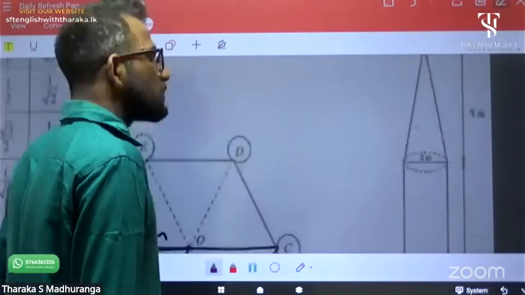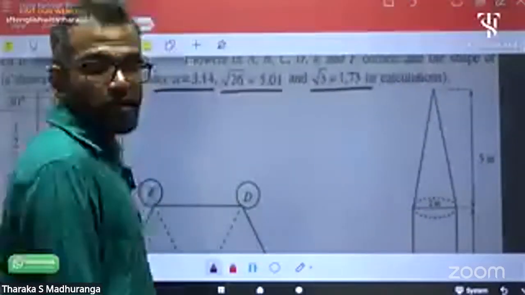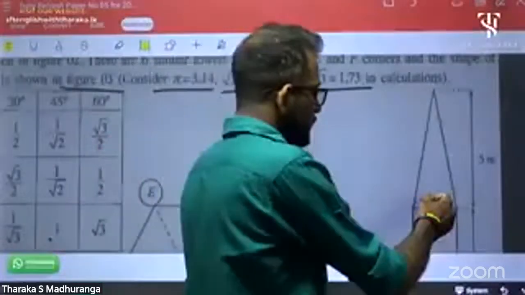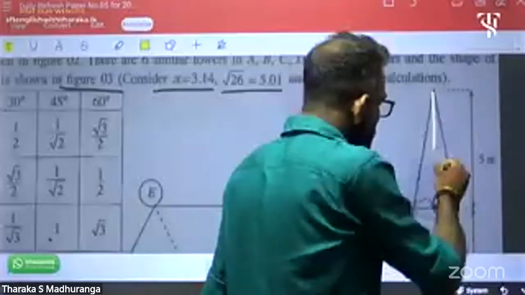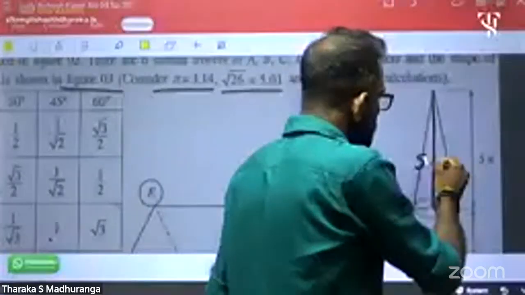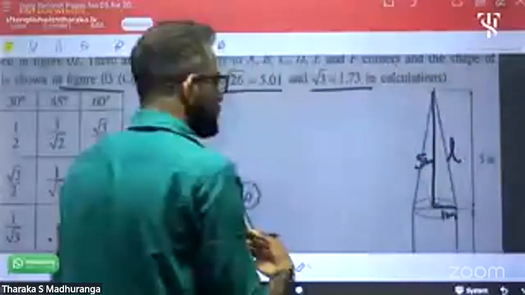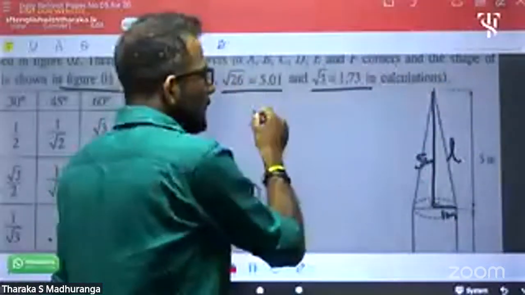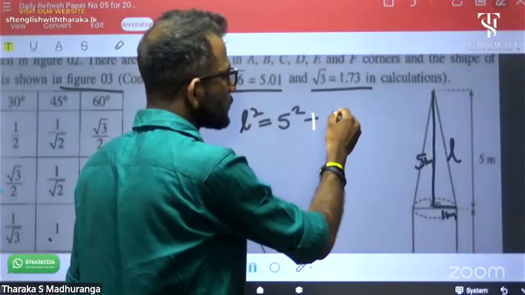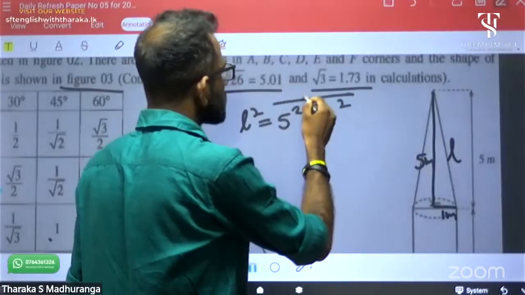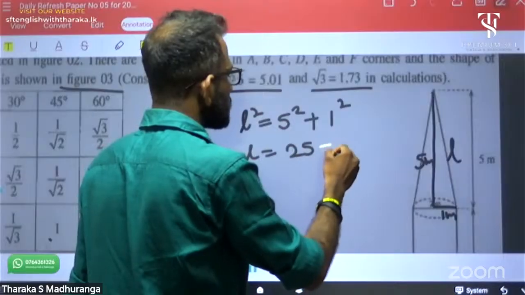But for the cone area, we need the slant height, no? The radius is 1 meter. The perpendicular height is 5 meters. First of all, I need to calculate this L using Pythagoras theorem. L squared equals 5 squared plus 1 squared. Now L equals square root of 25 plus 1.